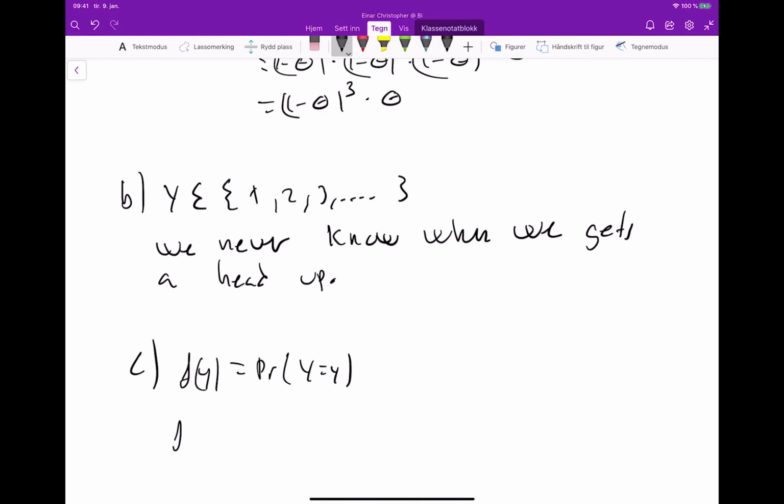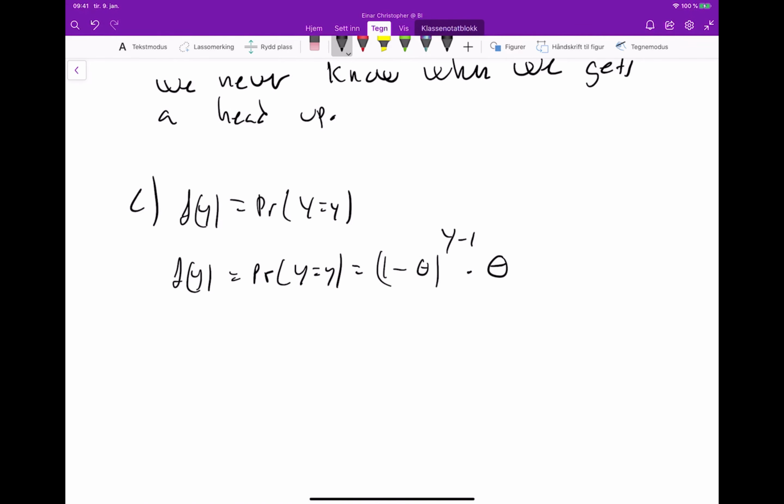We know that we will first have tails y minus 1 times, and we stop when we get a head, times theta.